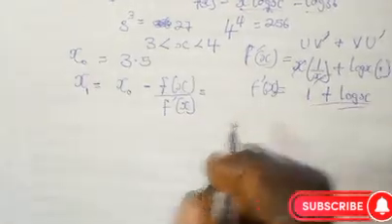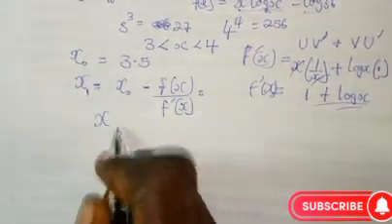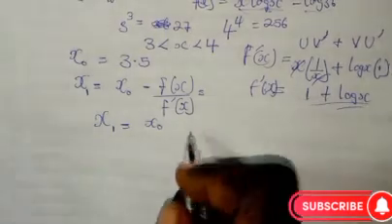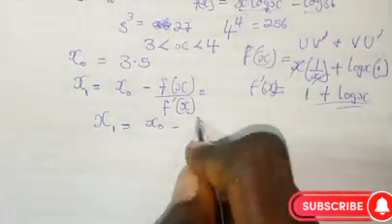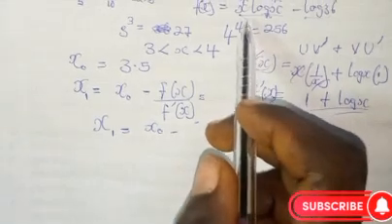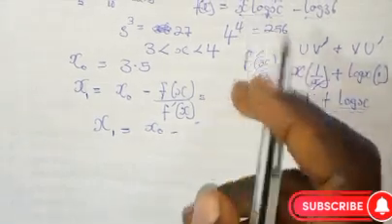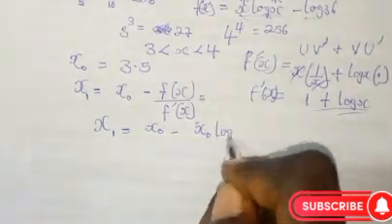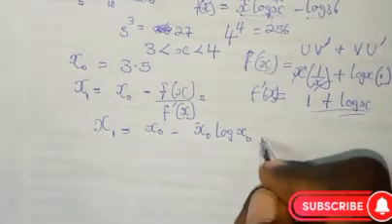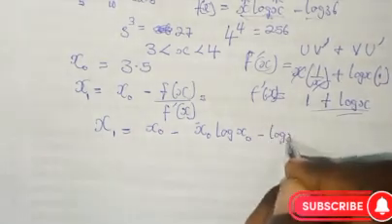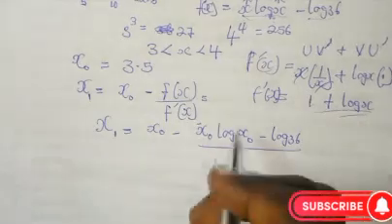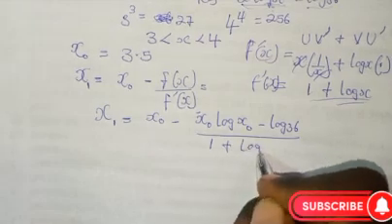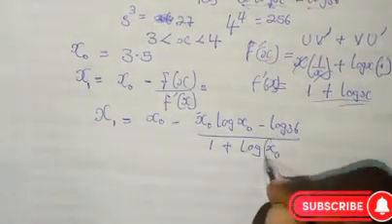Now, to look for our next approximation, it will be x0 minus f(x0). Don't forget, f(x) is equal to x log x minus log 36, so this x will be x0, right? So it will be x0 minus x0 log x0 minus log 36 divided by the derivative, which is 1 plus log x0.